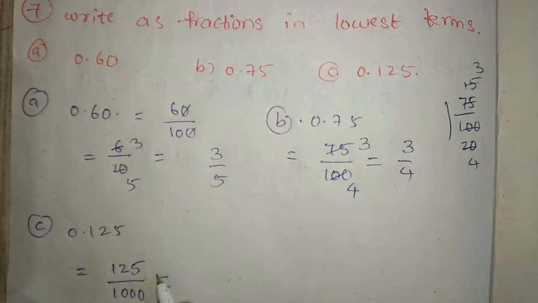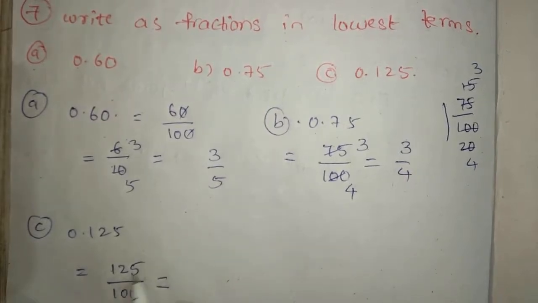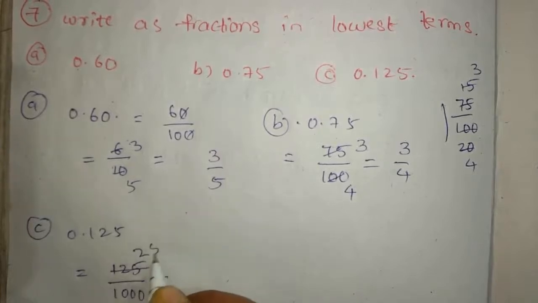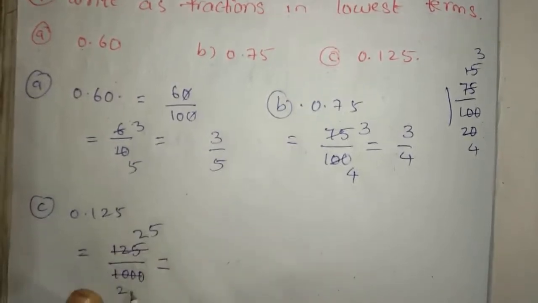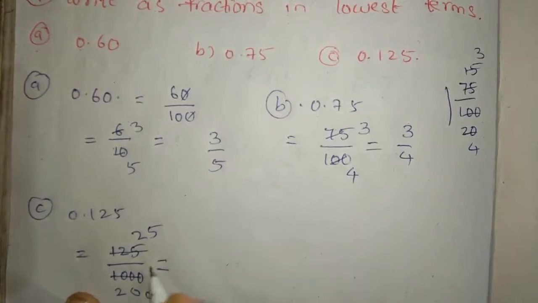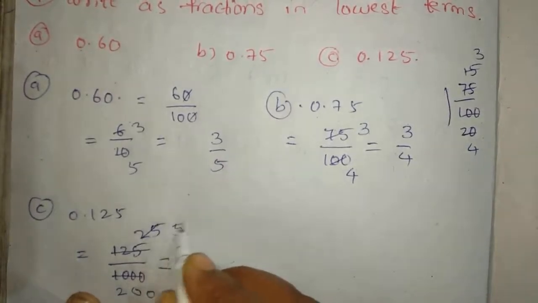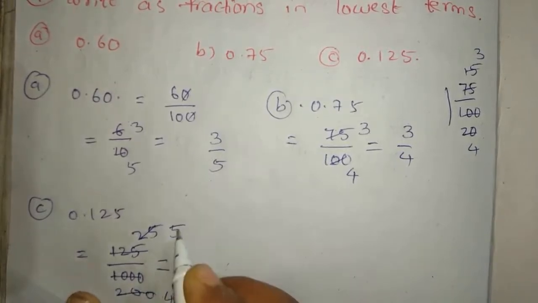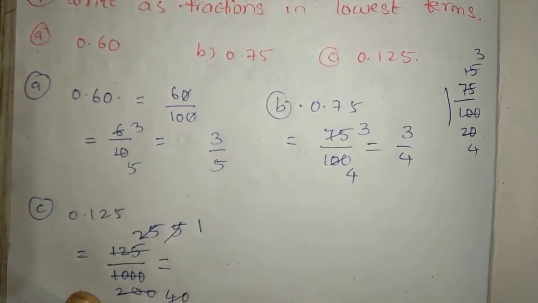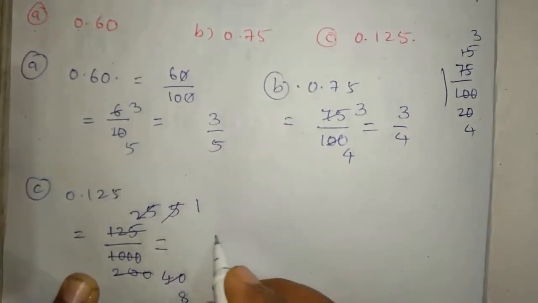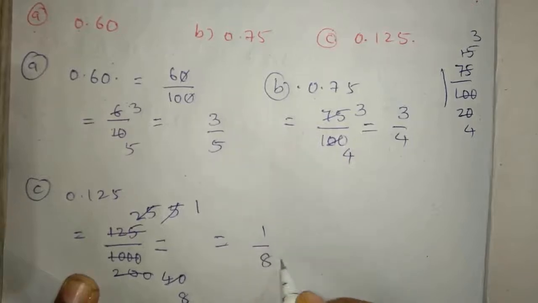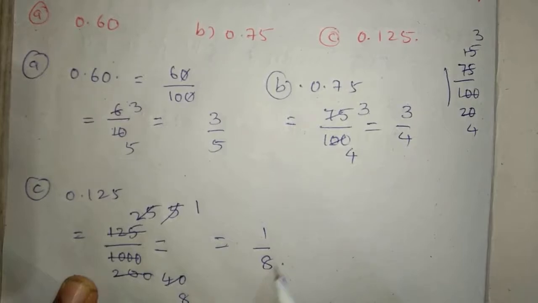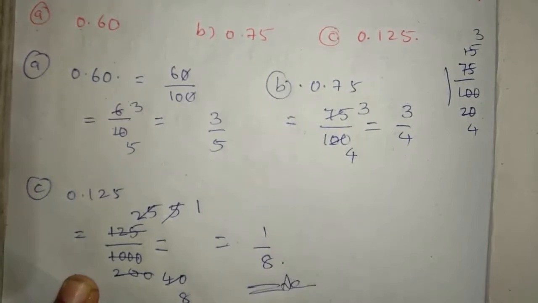Now to write it in simplest form by the cancellation method, 5 twos are 10, 5 fives are 25. Again in the 5 table, 5 fives are 25, 5 fours are 20. Again in the 5 table, 5 ones are 5, 5 eights are 40, that is equal to 1 by 8. Therefore 0.125 in simplest fraction form is 1 by 8.